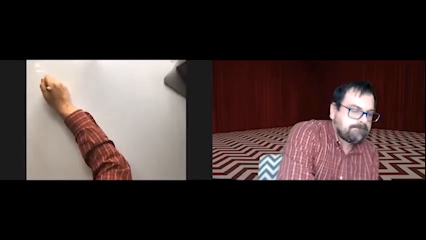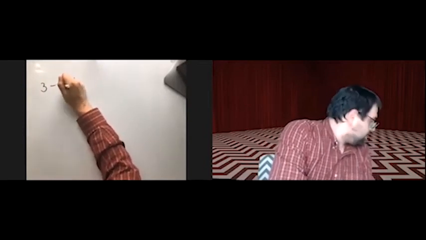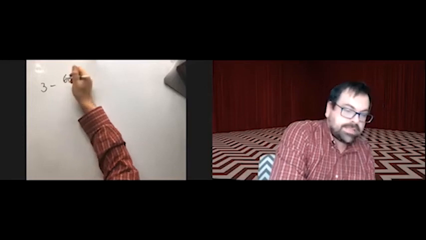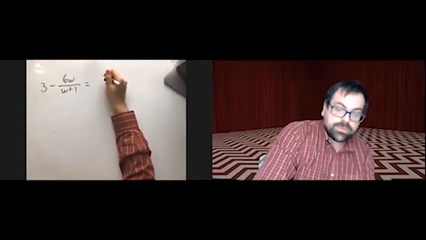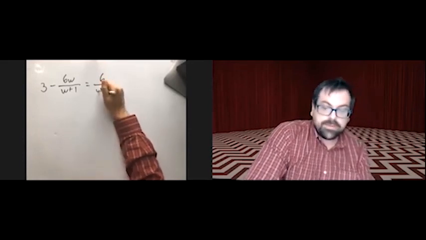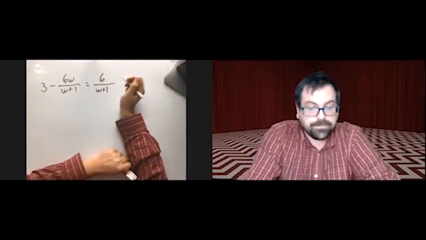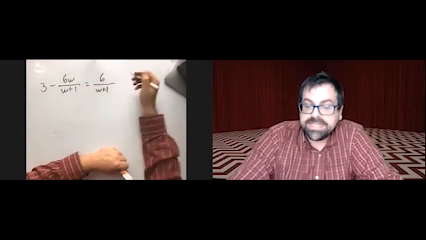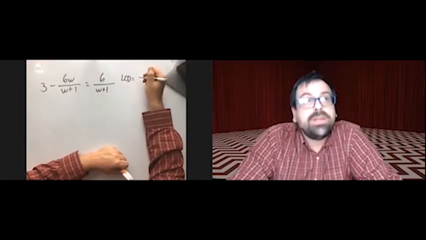Same problem. 3 minus 6w over w plus 1 equals 6 over w plus 1. The LCD of everything, so we'll do method 2.